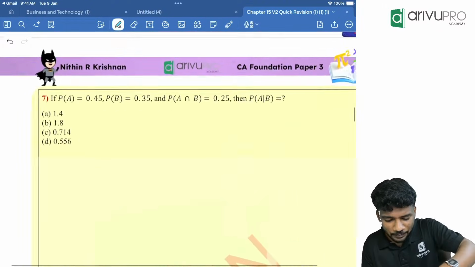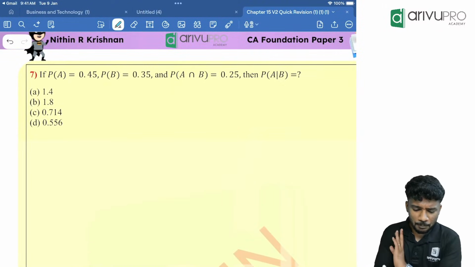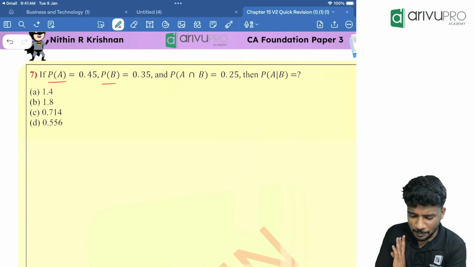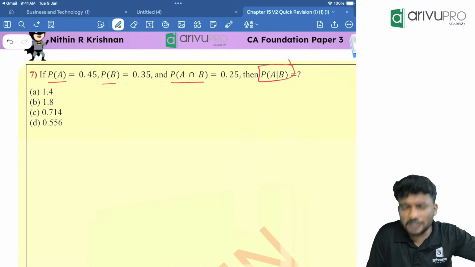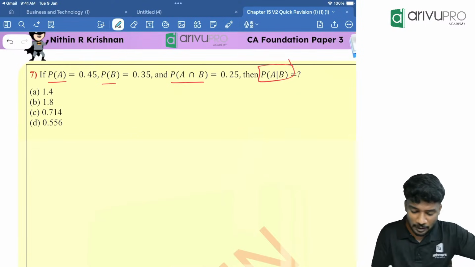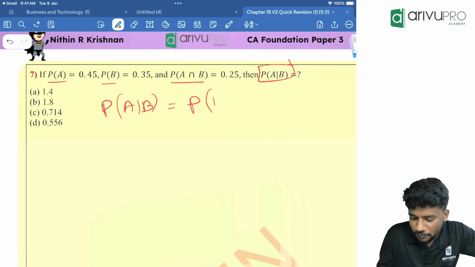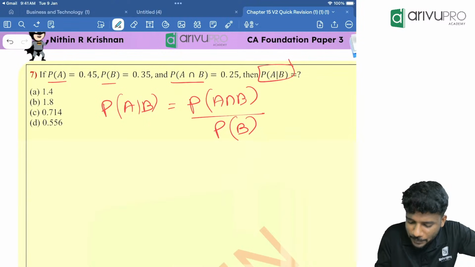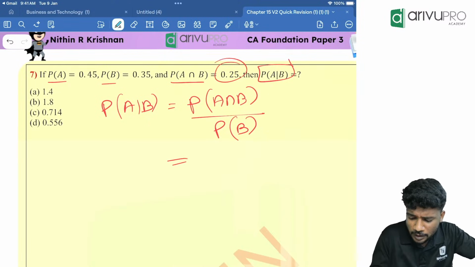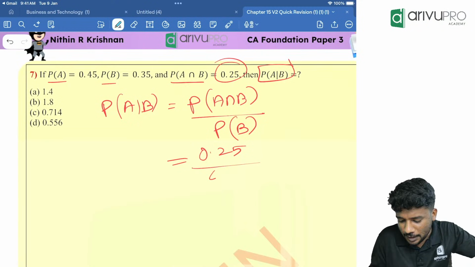Next one, people. Have a look at this. Everything is given. Direct question. P of A is given. P of B is given. P of A intersection B is given. Question is: find P of A given B. P of A given B is nothing but P of A intersection B divided by P of B. Now P of A intersection B is 0.25, divided by P of B, which is 0.35.